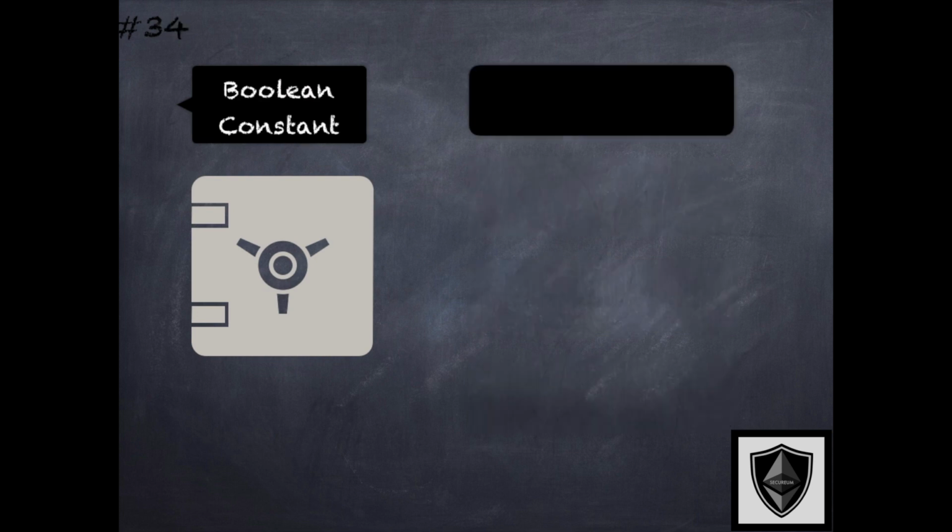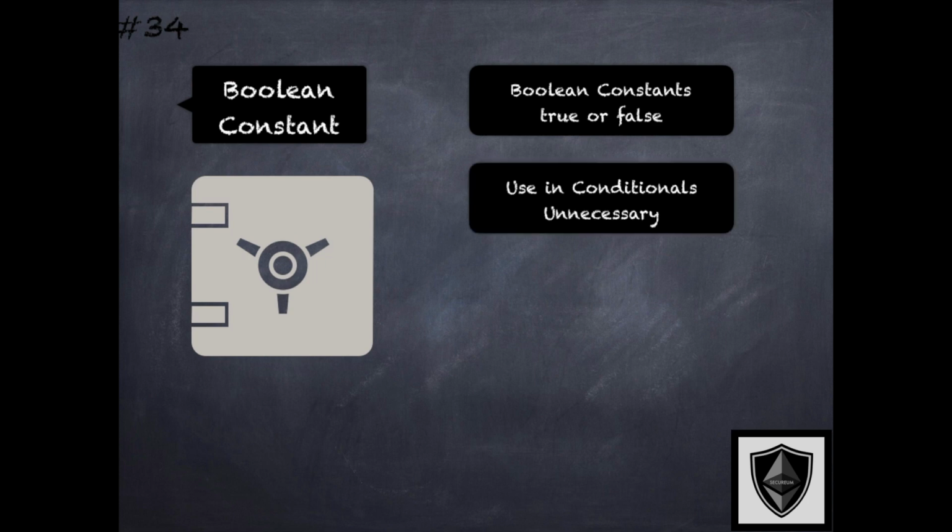The use of Boolean constants, true or false, directly in conditionals is unnecessary. If there's a conditional whose predicate is true, then that can be removed because that code block would get executed nevertheless.